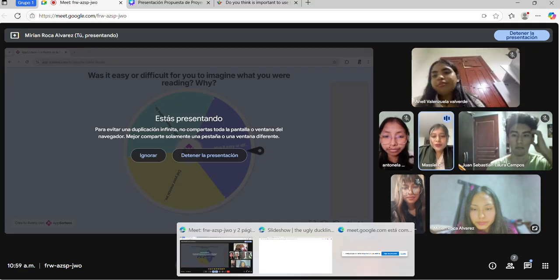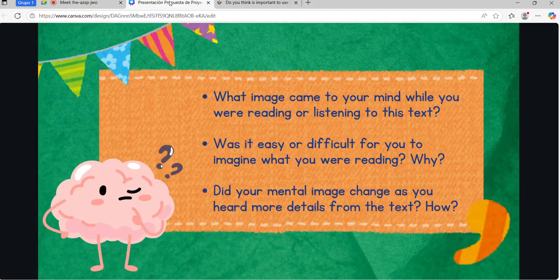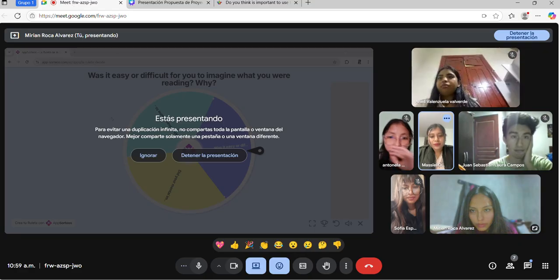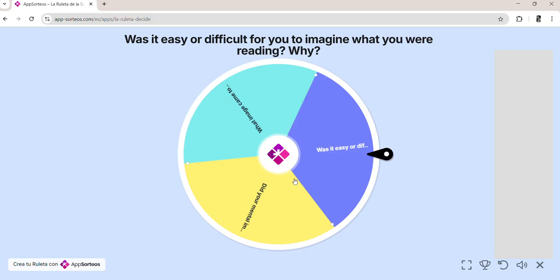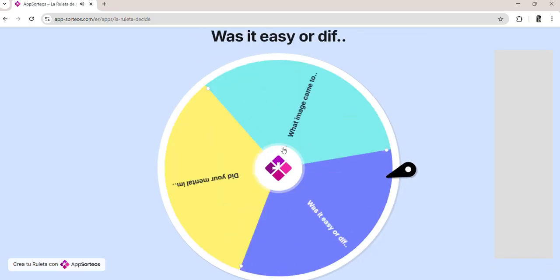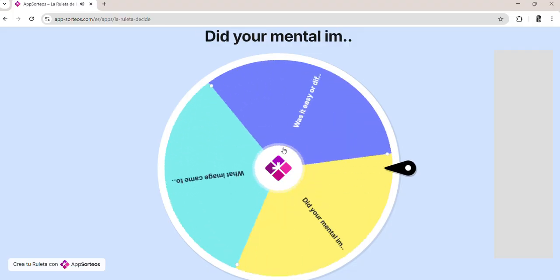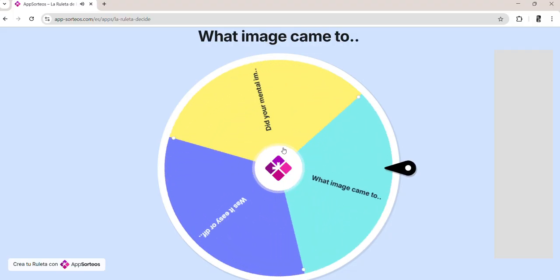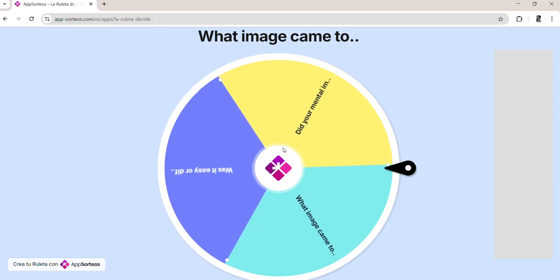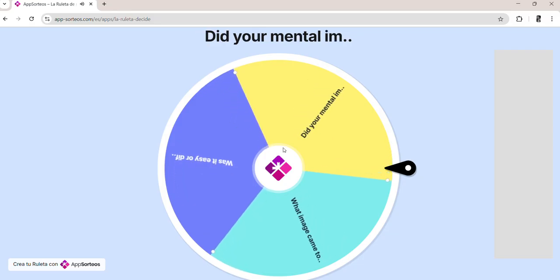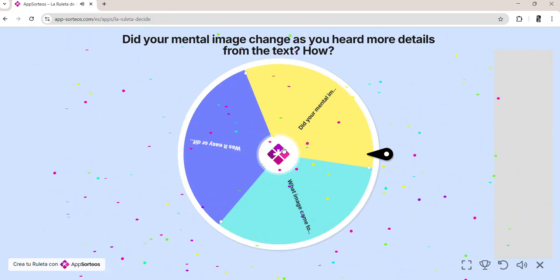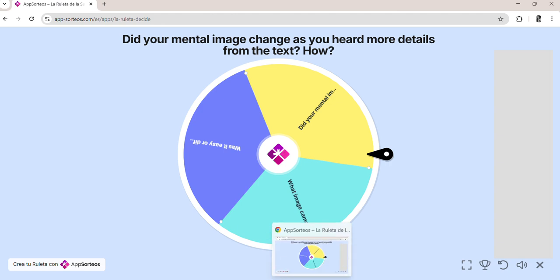Turn the roulette, please, for the second question. Okay, the second question is: did your mental image change as you heard more details from the short story? How? Any volunteer to answer this question?